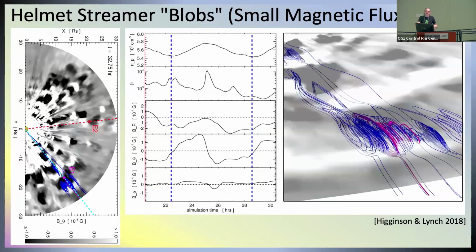CMEs are just massively magnetic field dominated. Okay, boom, it's low density, field strength is super high. And so even though they have almost identical magnetic field structure, the plasma is so different.